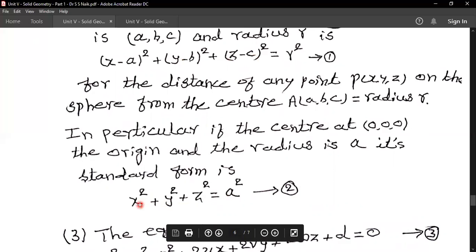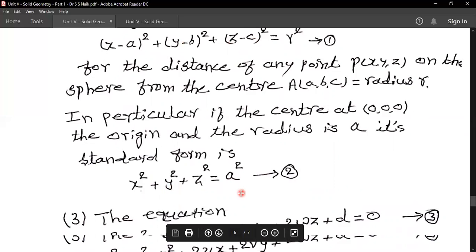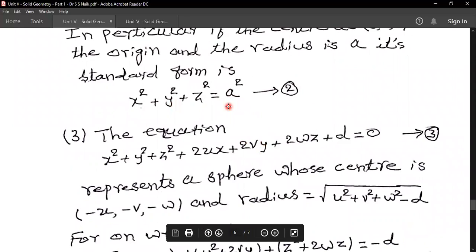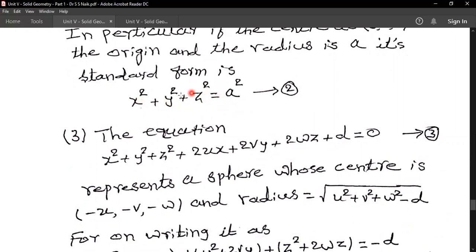This equation represents a sphere and is called the standard equation of a sphere. For example, a volleyball is a sphere, and its equation is given in the form x square plus y square plus z square is equal to a square.